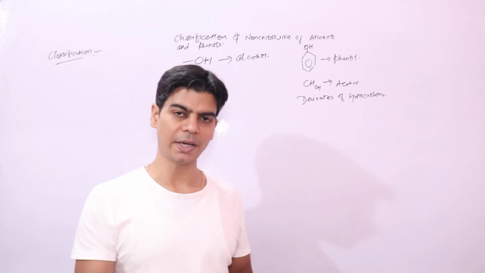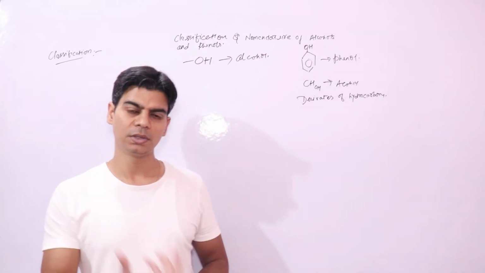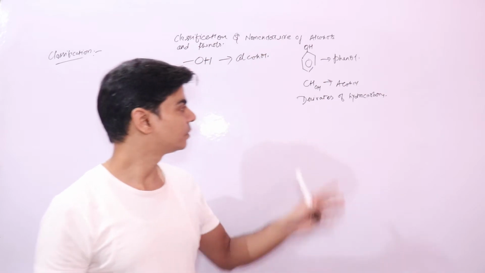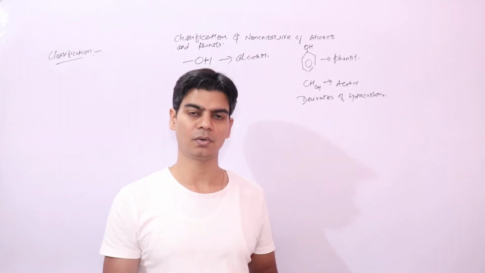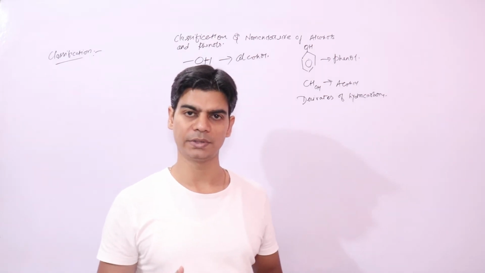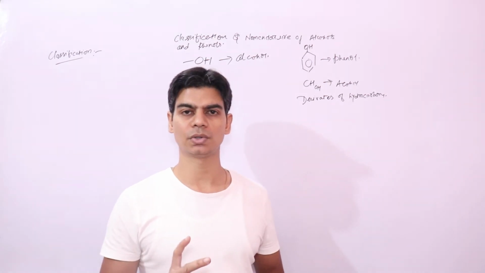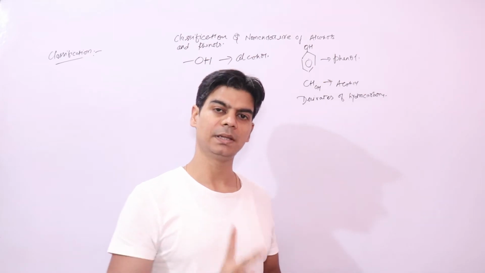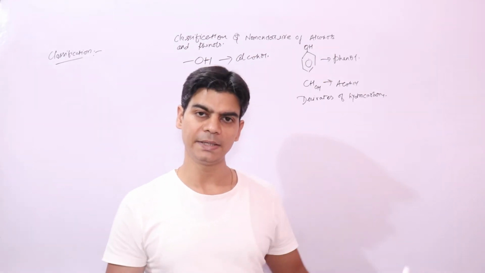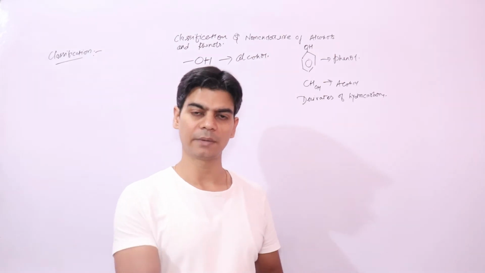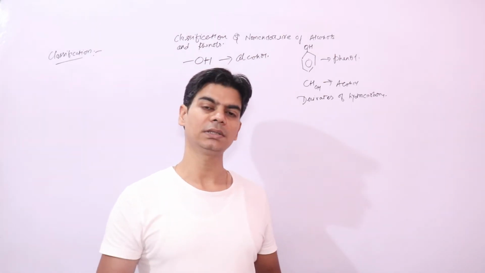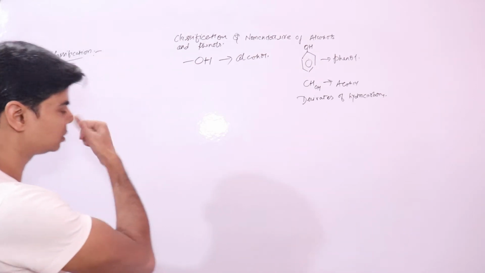If you have one hydroxyl group attached to the alkane chain, we call it a monohydric alcohol because we have one OH group. If you have two hydroxyl groups in the carbon chain of alkanes, we call it a dihydric alcohol. If we have three in the carbon chain, we call it a trihydric alcohol.